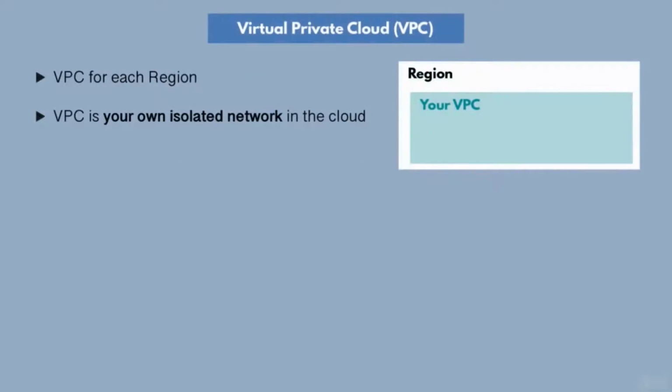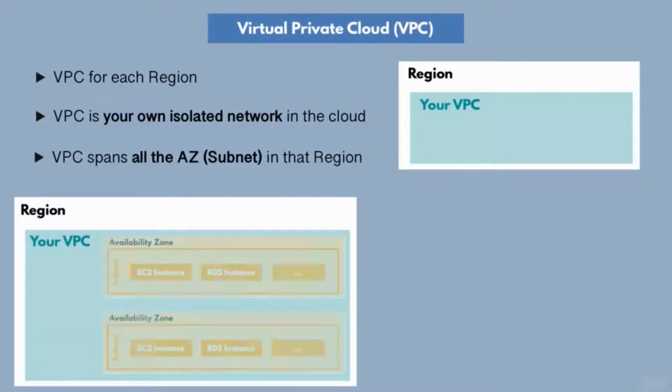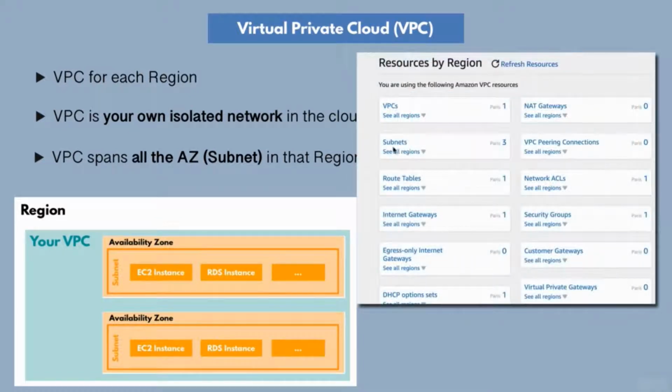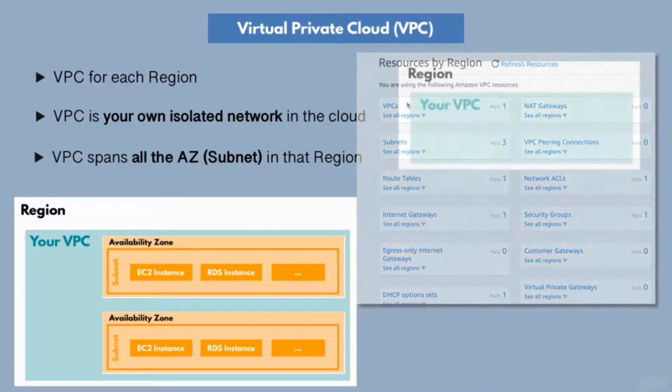So VPC will actually span all the availability zones in that specific region. So here you see Paris has 3 zones and VPC actually spans all of these 3 zones.